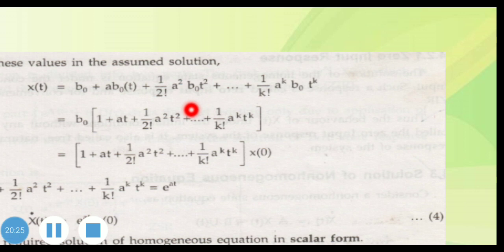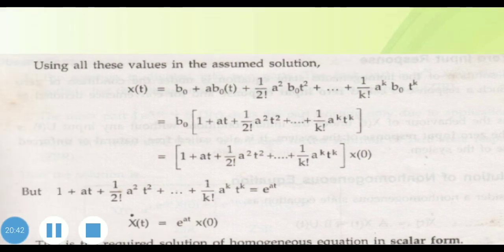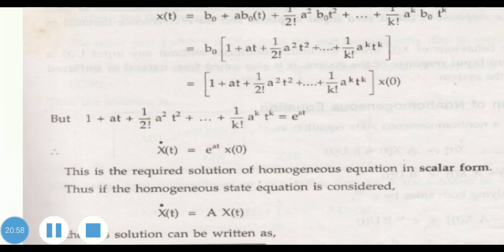b naught into the bracket 1 plus at plus 1 by 2 factorial a square t square so on up to 1 by k factorial a raised to k t raised to k, which is written as 1 plus at plus 1 by 2 factorial a square t square plus 1 by k factorial a raised to k t raised to k times x of 0.